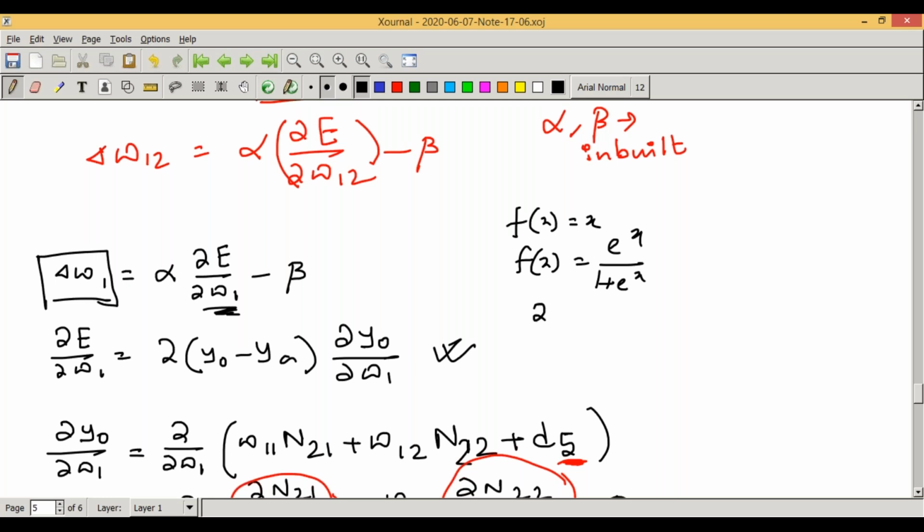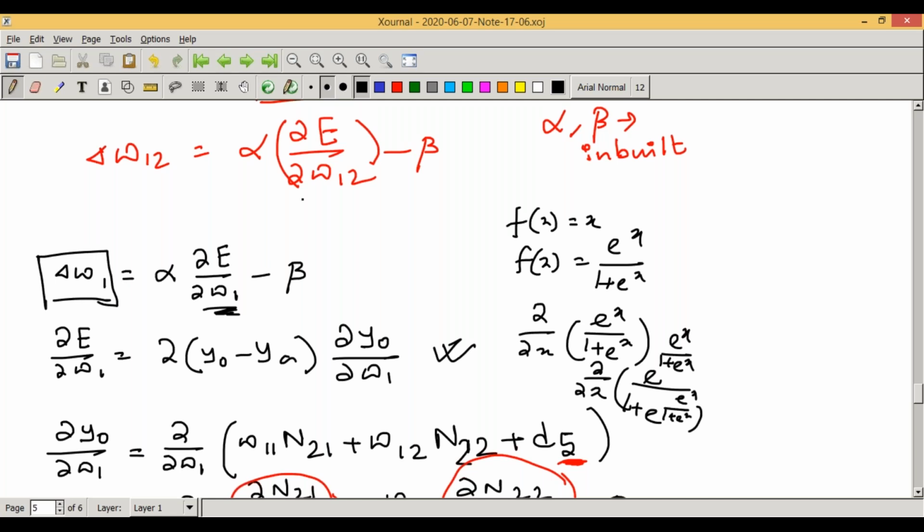Can you just do the derivative with respect to x of e^x/(1+e^x), and then again of e^x/(1+e^x) over 1 plus e^x/(1+e^x)? That kind of complexity would come in, and that is common. No issues in that, but we cannot do that by hand.